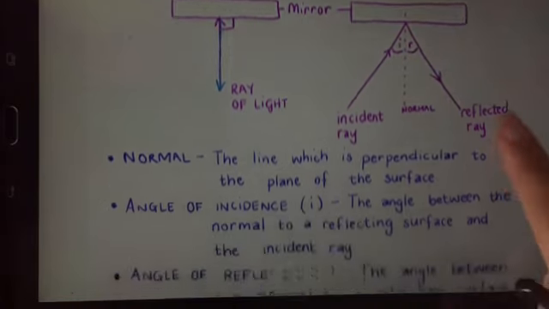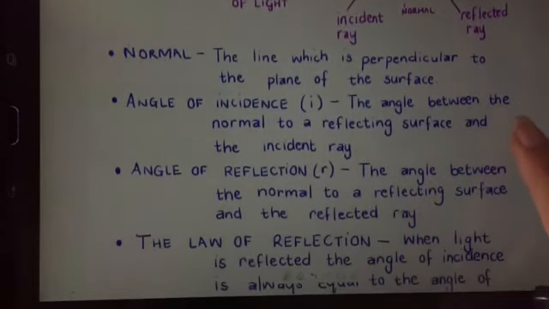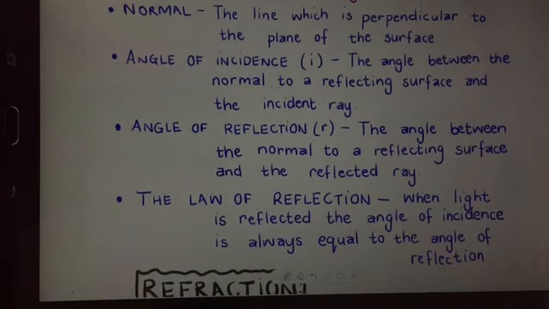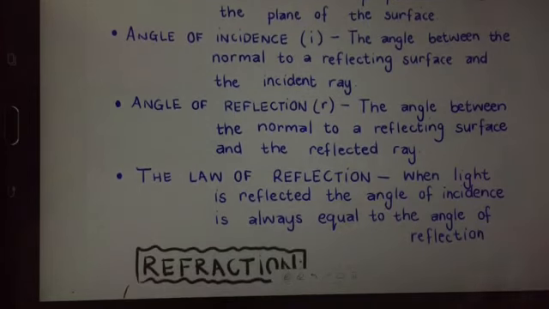So over here I've got all the definitions for you, and this of course comes from the guidelines. So normal, the line which is perpendicular to the plane of the surface. The angle of incidence, the angle between the normal to a reflecting surface and the incident ray. The angle of reflection, the angle between the normal to a reflecting surface and the reflected ray.